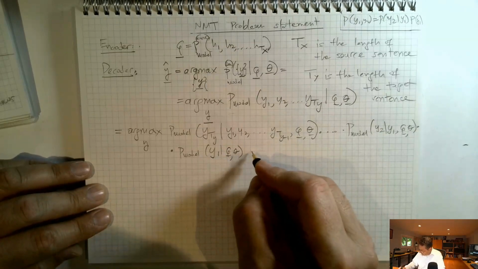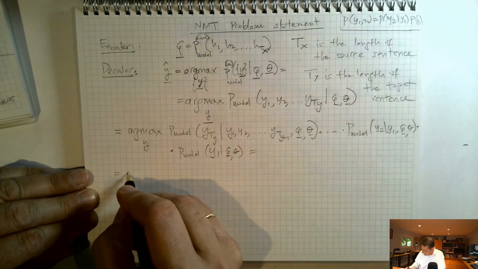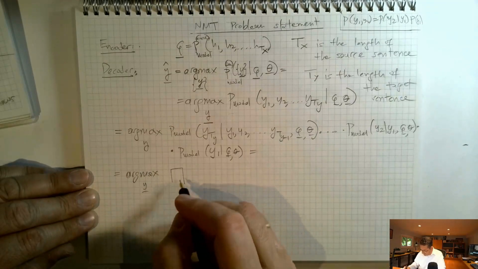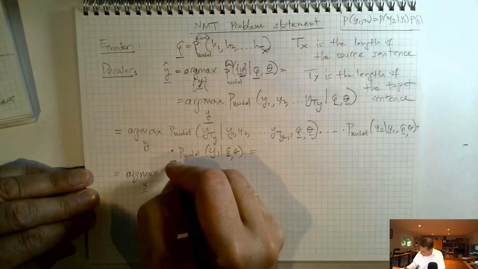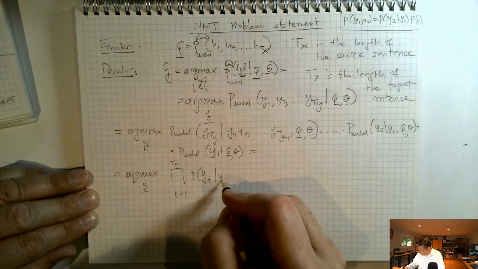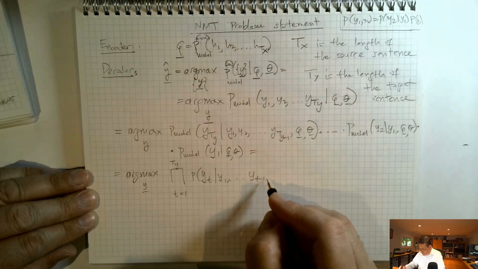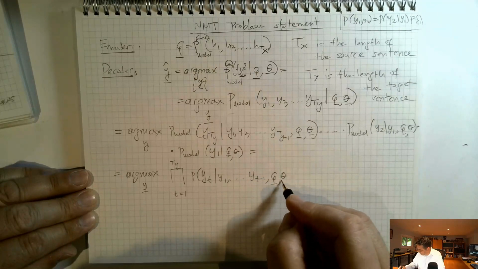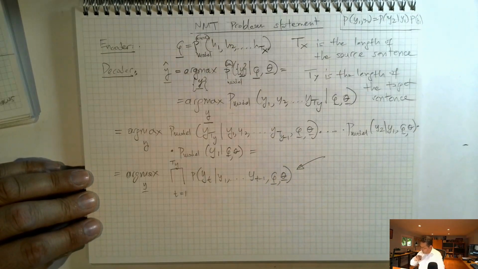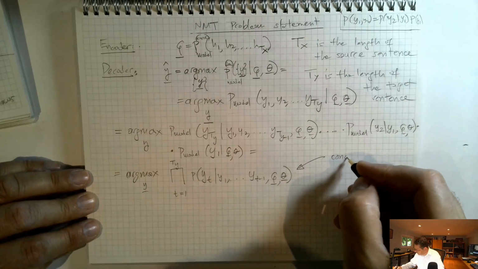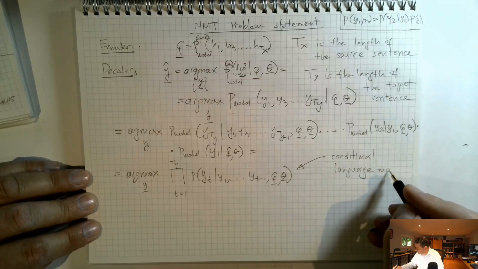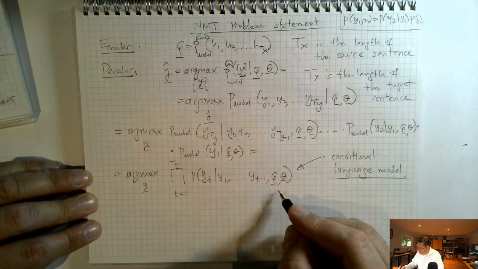This can be simplified, in terms of notation at least, as argmax over y of the product from t equals 1 to T_y of p of y_t given y1 up to y_{t-1}, comma phi, comma theta. And this is the reason why neural machine translation is called a conditional language model, because we are conditioning on the thought vector.